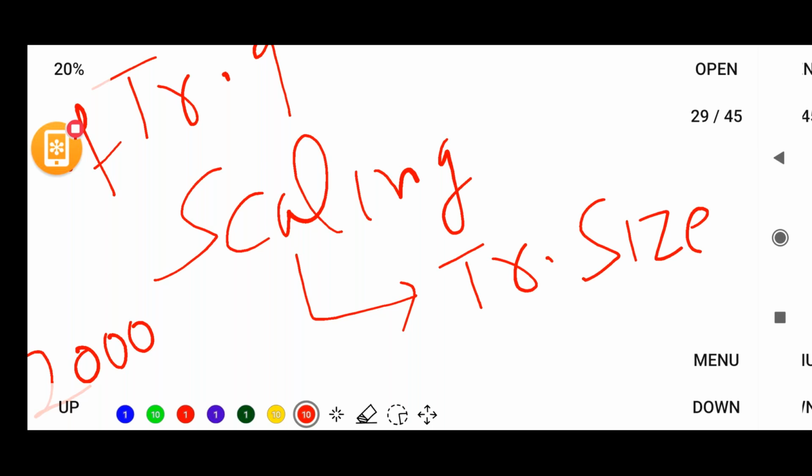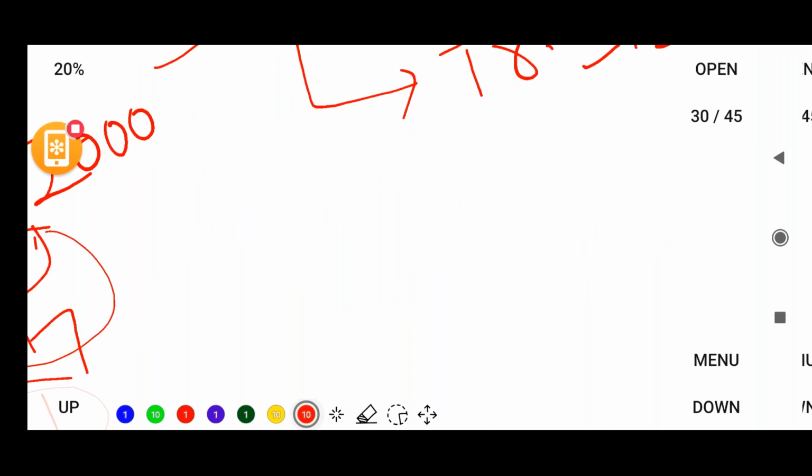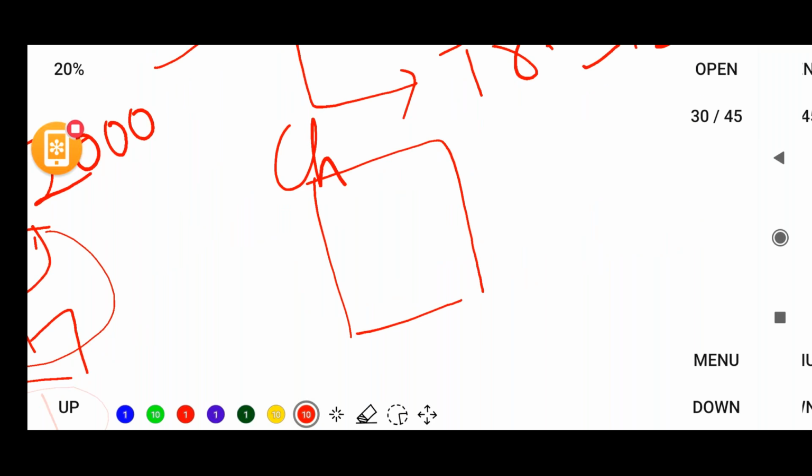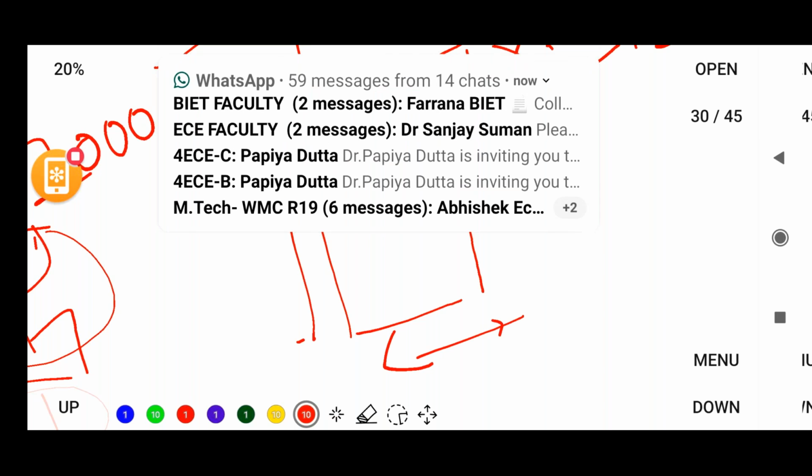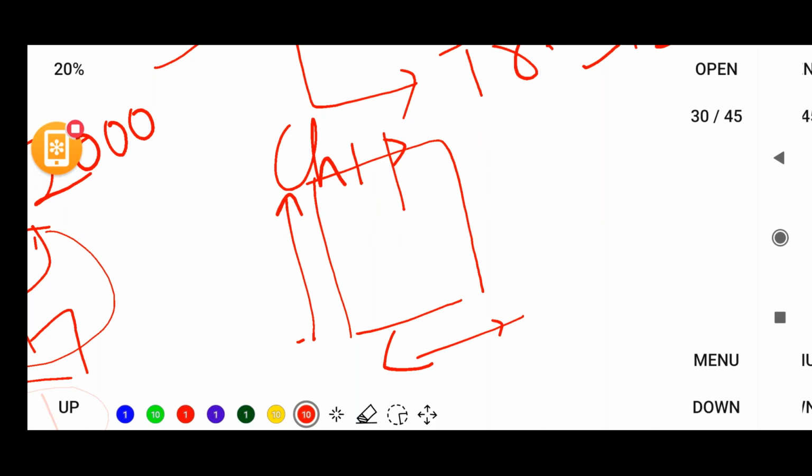If the transistor size is very small, maybe in the nano dimension, then it is possible to fabricate more transistors in this chip. The area is already fixed, so if you reduce the transistor size, then it is possible to fabricate more transistors in the chip.